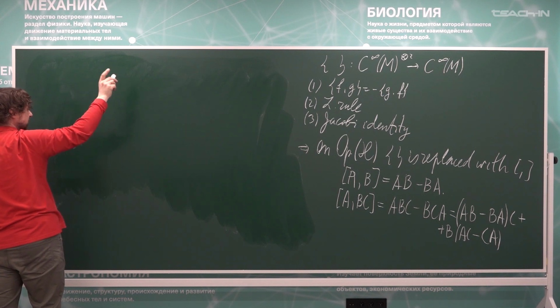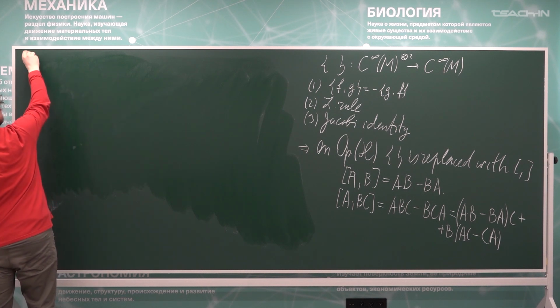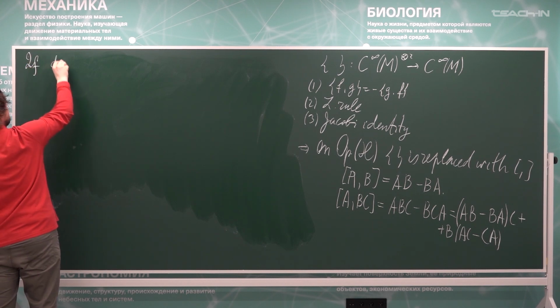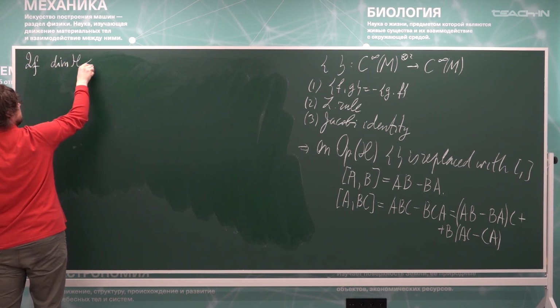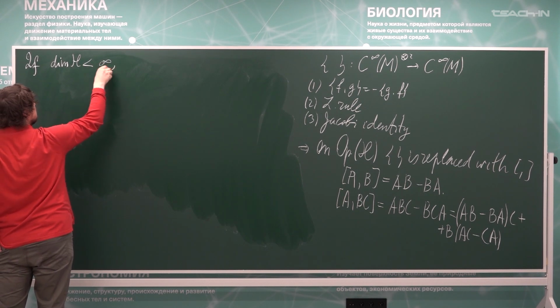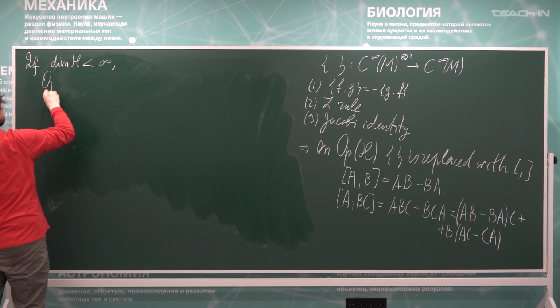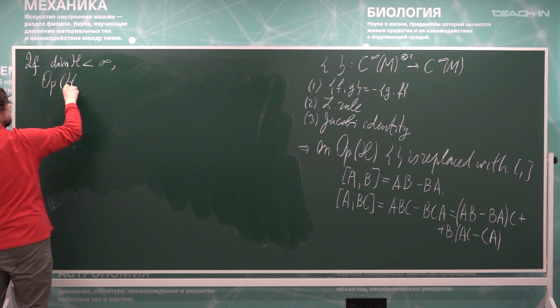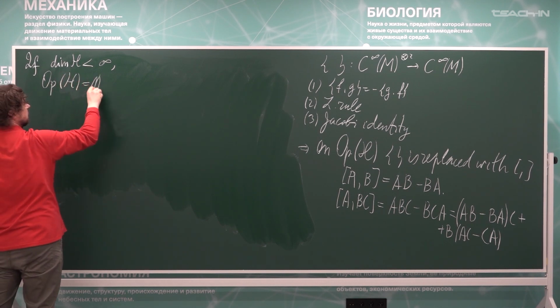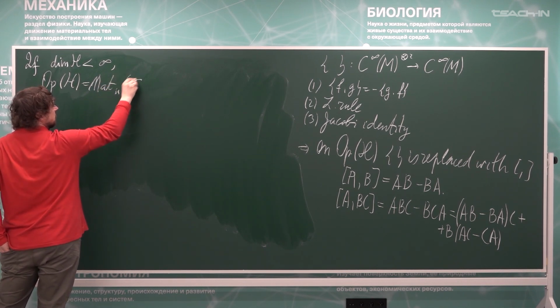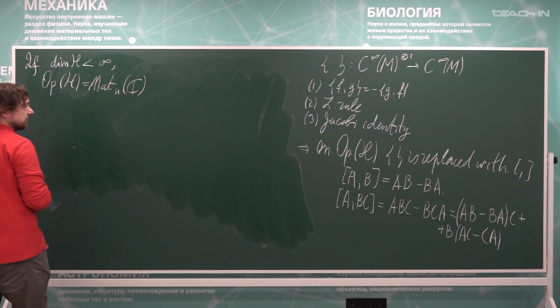Let me start with finite dimensional case. So, if the dimension of H is less than infinity, then the operators on H are given by matrices, n by n matrices with complex entries.